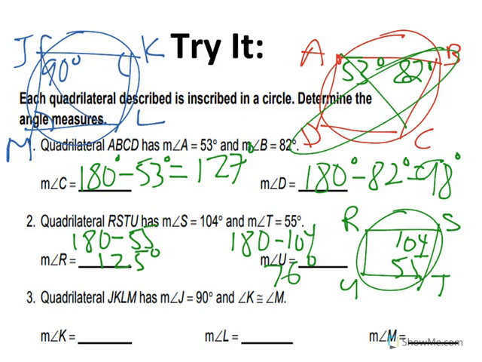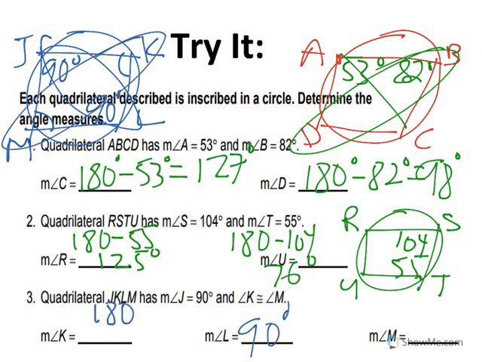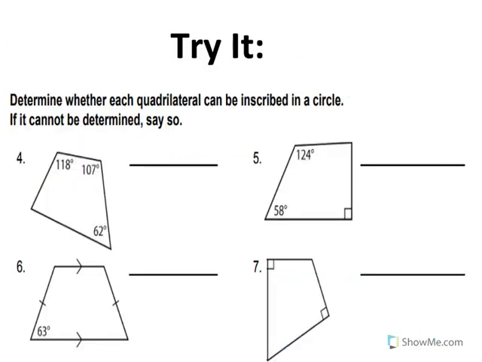Well, then these two are supplementary, so L is also 90 degrees. Right? And then these two are supplementary, so that means that it's 180. They're congruent, you divide by 2, so it's also 90 degrees. So M is also 90. Right? Okay, so let's try these.